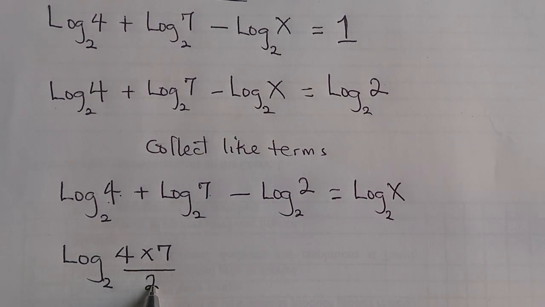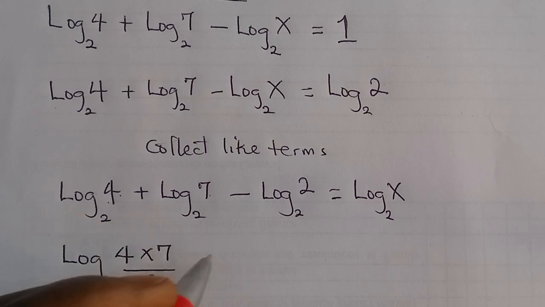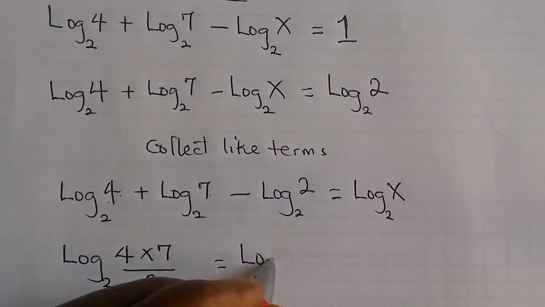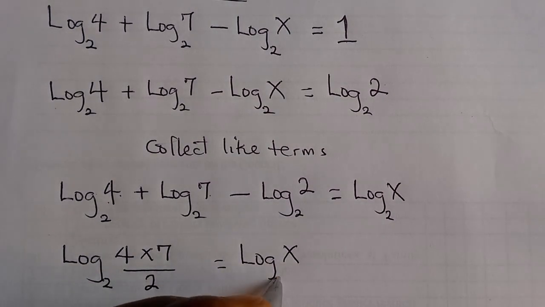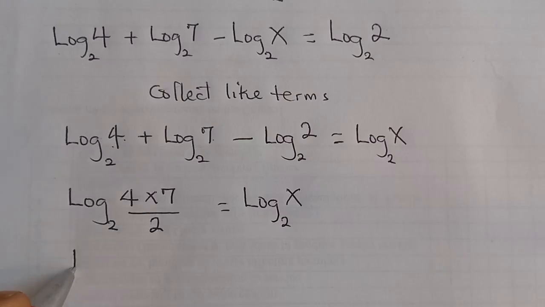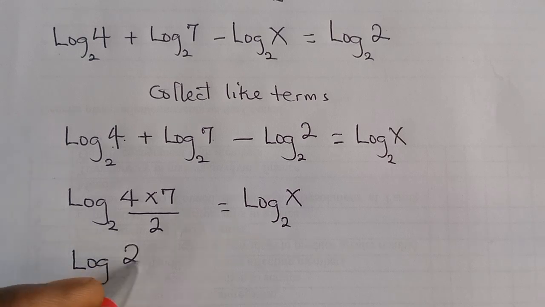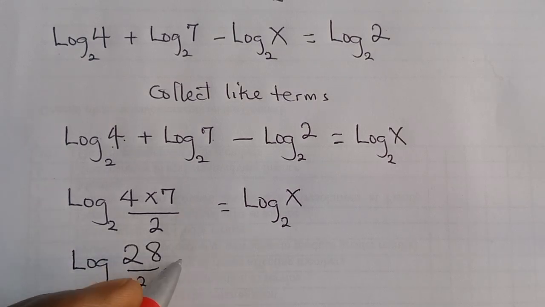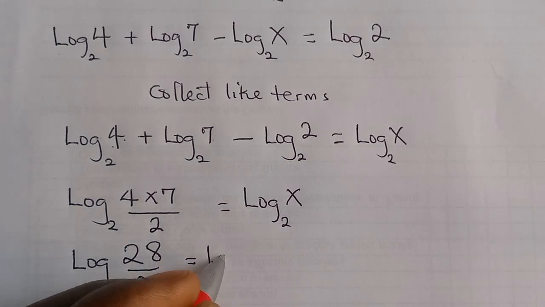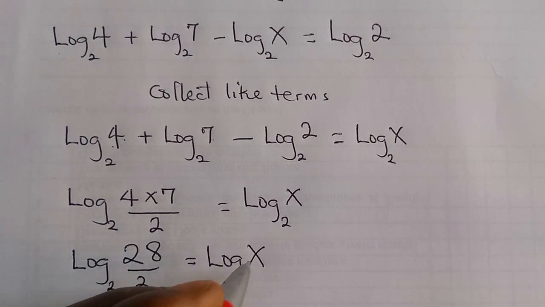That's why we are dividing by 2 here. And all of this is equal to log x to base 2. From here you have log 4 times 7 is 28, divided by 2, to the base of 2. That's equal to log x to base 2.